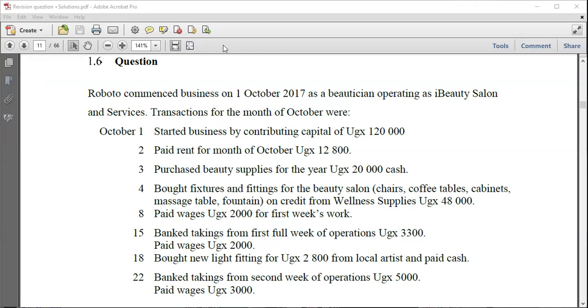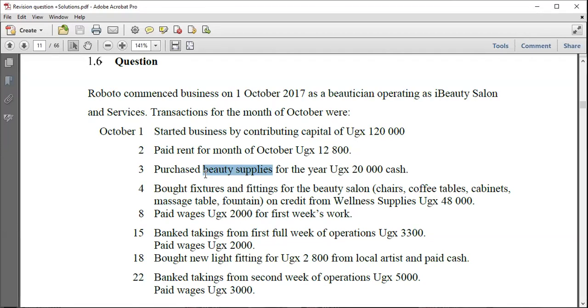Then we proceed: purchased beauty supplies for the year, 20,000 cash. Now, this is a beauty salon, so they are buying beauty supplies, just like raw materials. So these are like purchases, and we'll have a purchases account here.